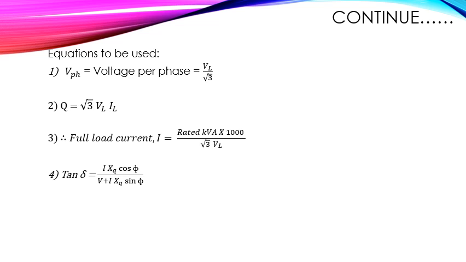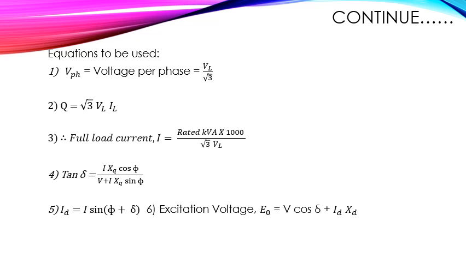Tan delta is I XQ cos phi divided by V plus I XQ sin phi. ID is I sin of phi plus delta. Excitation voltage E naught is equal to V cos delta plus ID XD, as here armature resistance is neglected, so the IRA drop is neglected. Then full load regulation is equal to E naught minus V divided by V.